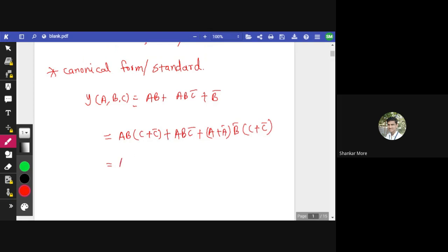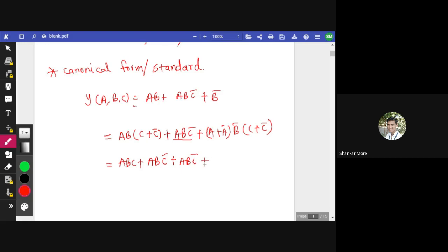This should be ABC. This should be ABC bar. Then we have again this ABC bar. Now what we have to do?